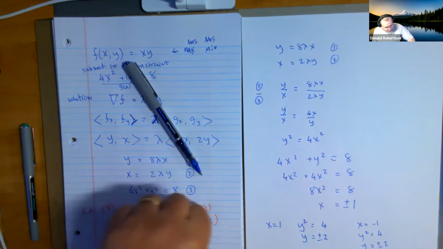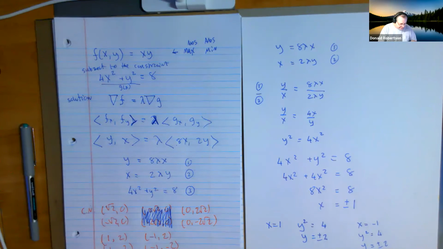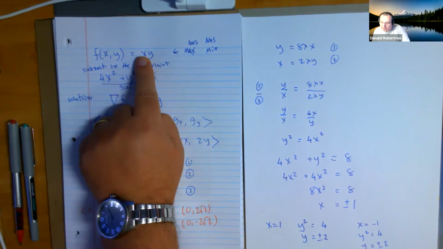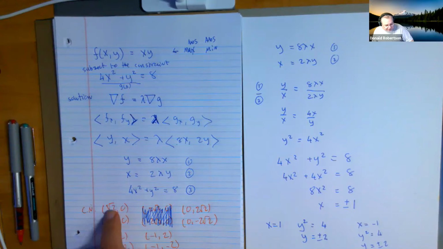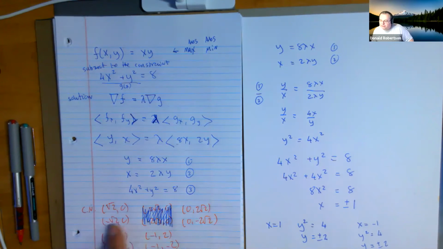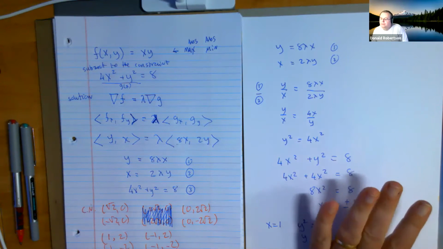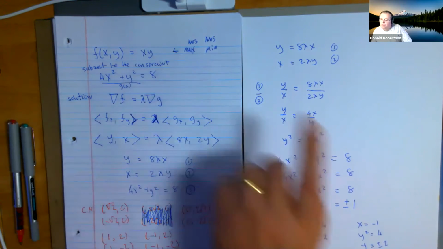Technically, there are 2, 4, 6, 8 different possible answers to the absolute max and min of this guy. For every single one of these combinations, don't we basically now find the value of xy? And whatever of these 8 is the biggest is the absolute maximum value that that function xy will be, and whatever is the smallest.